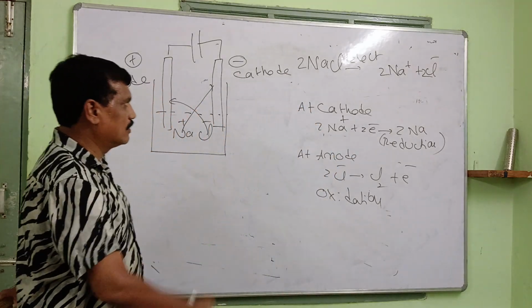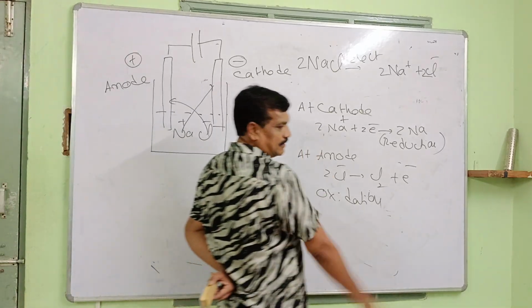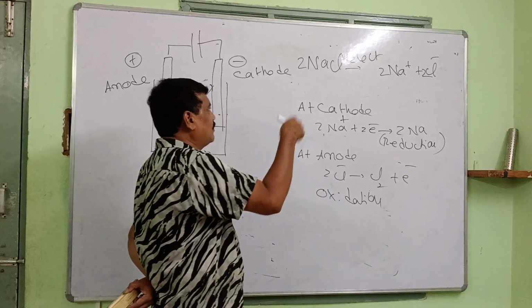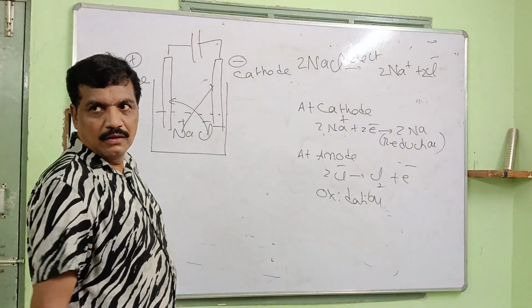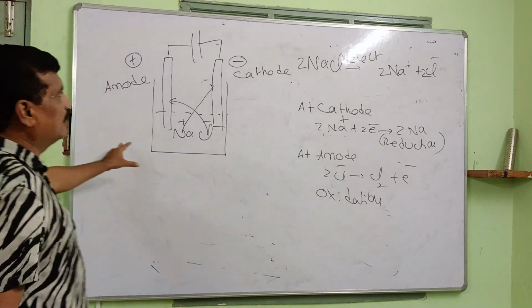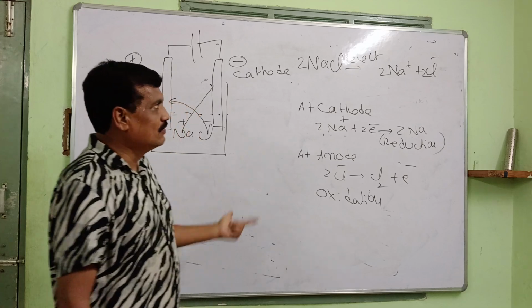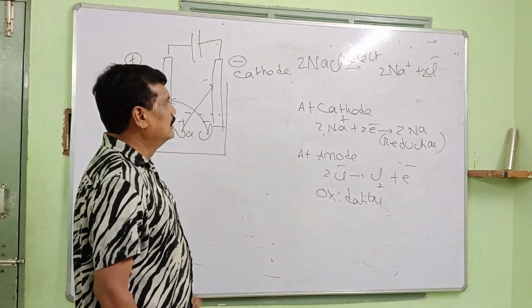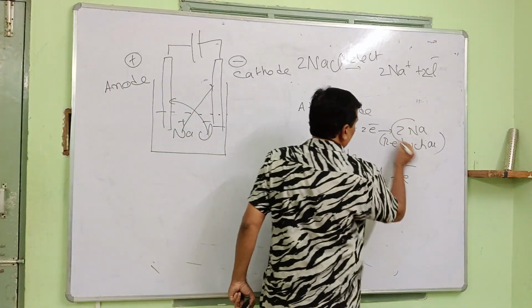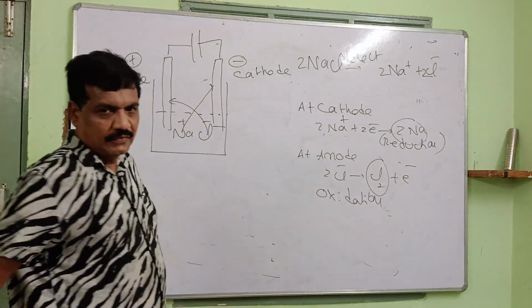This is the simple electrolysis, but this type of question is not asked in the examination; another type is given in mains and NEET, which I will explain. So this is the phenomenon of NaCl: NaCl gives rise to Na plus and Cl minus. Here sodium is deposited at the cathode and chlorine is evolved at the anode. This is the general theory.